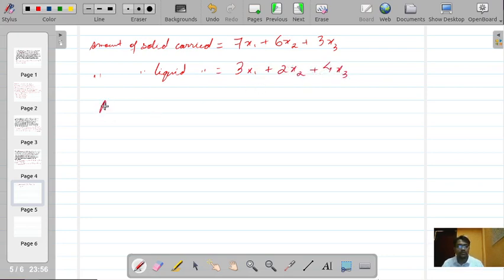So what will be the mathematical formulation? Since it is cost, we have to minimize the transportation cost.